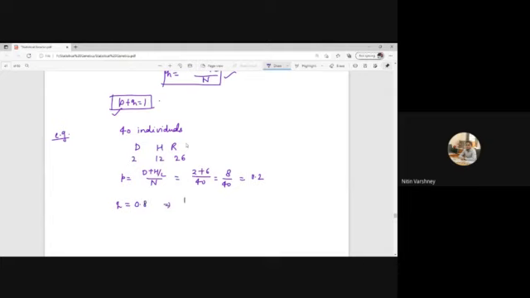So D plus H plus R we will take as 1. So P is equal to D plus H by 2, and Q is equal to R plus H by 2.